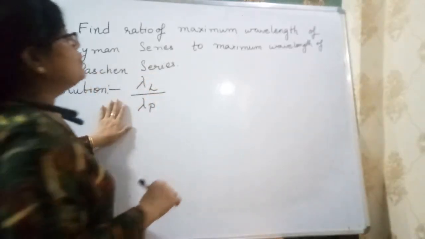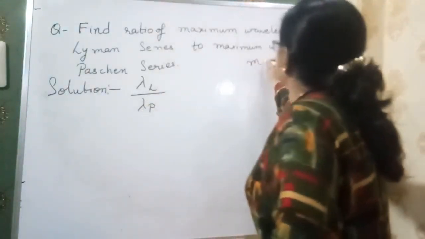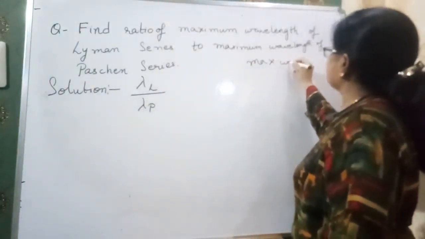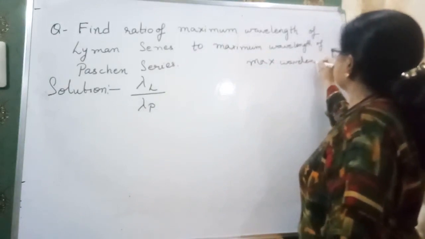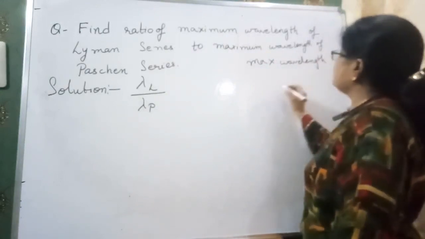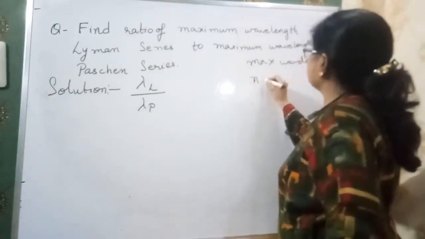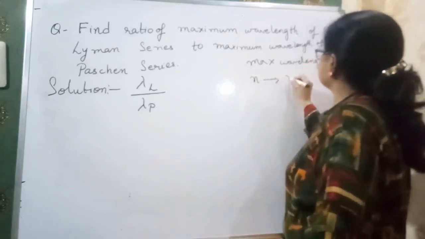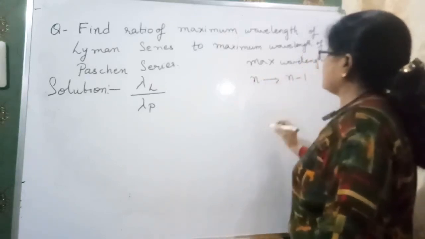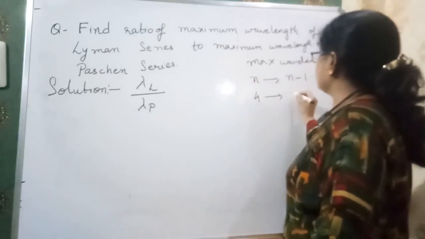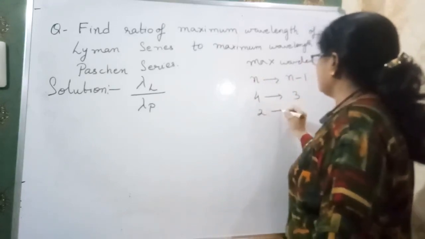One thing I told you earlier, we find the maximum wavelength when there is a transition from n to n minus 1. For example, 4 to 3, 2 to 1.